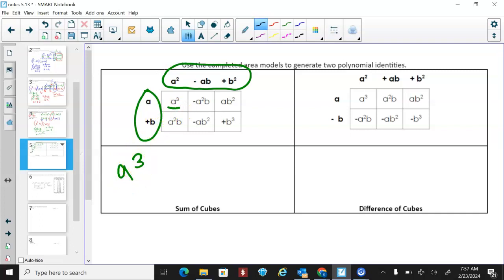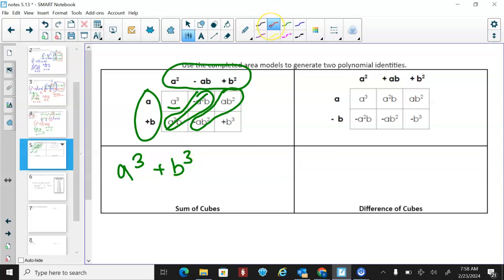Then as you notice, these two will zero out because that's a squared b minus a squared b. The second line will also zero out because negative ab squared plus ab squared will zero out. And then all you have left is b cubed.